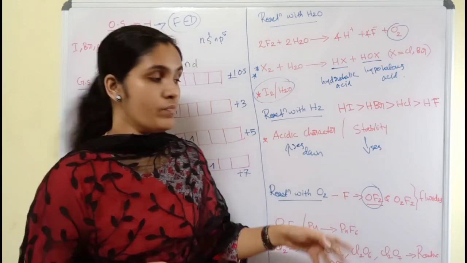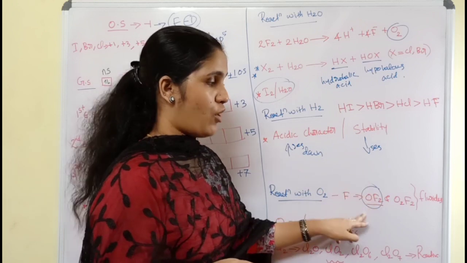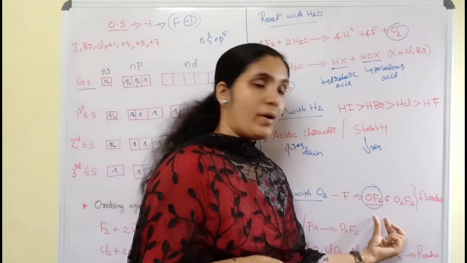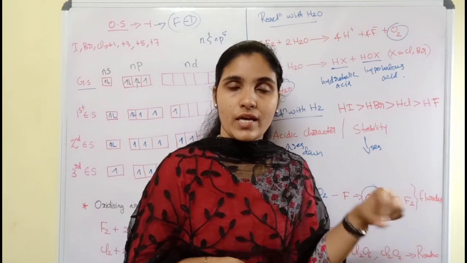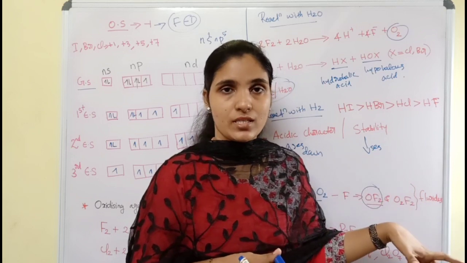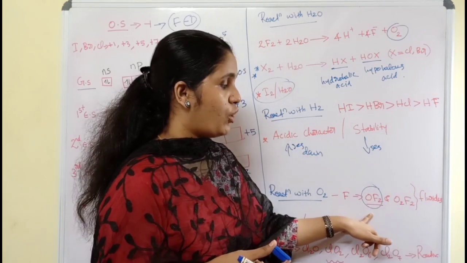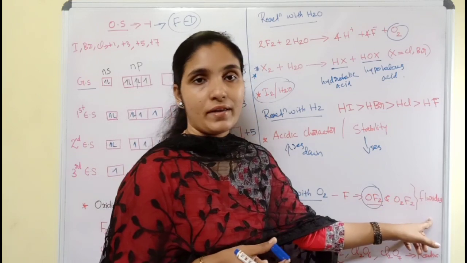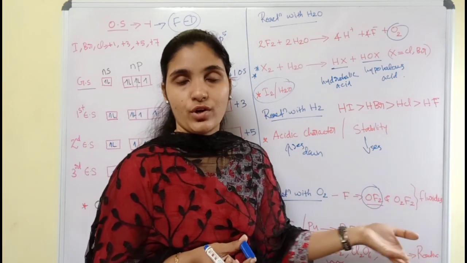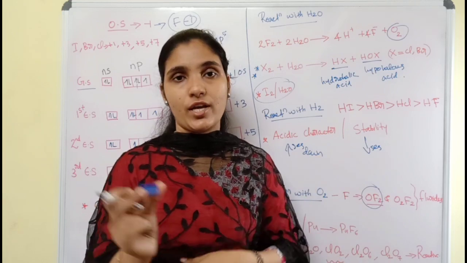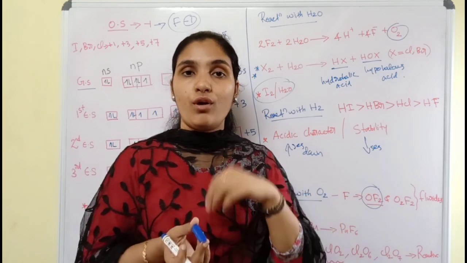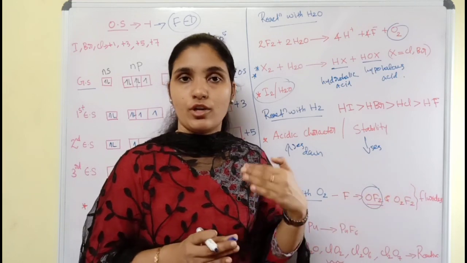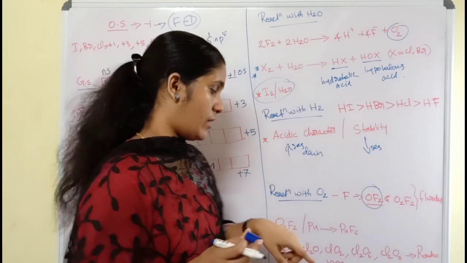But in this case, when fluorine reacts with oxygen, the resulting compounds are not known as oxides, they are called fluorides. So OF2 we call a fluoride, and O2F2 also we call a fluoride, because fluorine is more electronegative than oxygen. So we will always say these are fluorides, not oxides. Note down that thing.